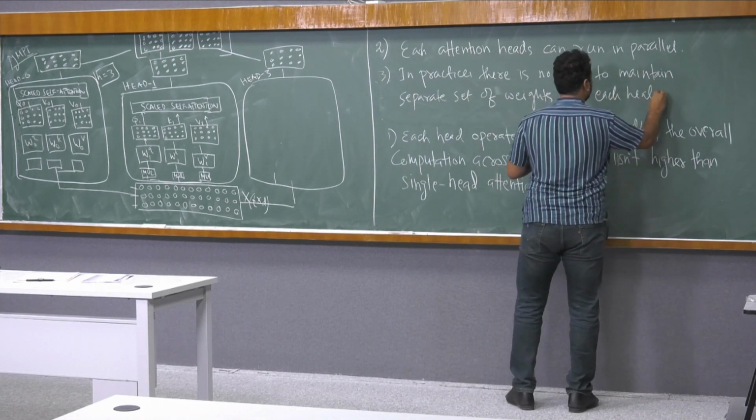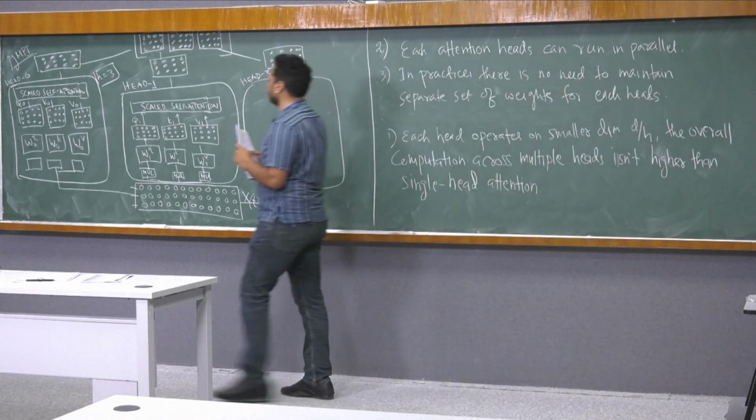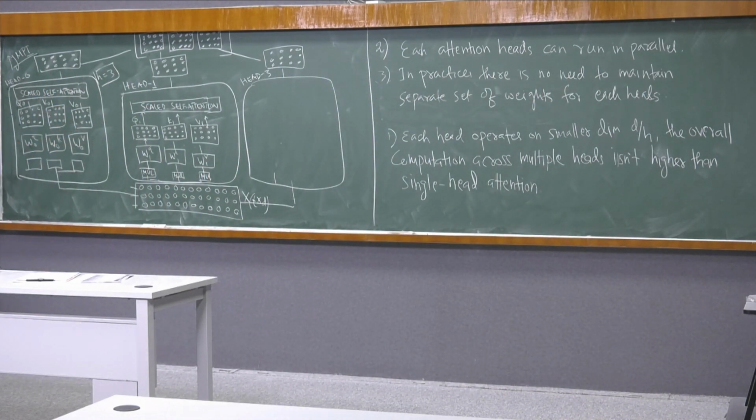There are multiple ways to interpret this. I may want to share the weights for each head, or I may not want to share them. These are again further modeling assumptions that you may make.